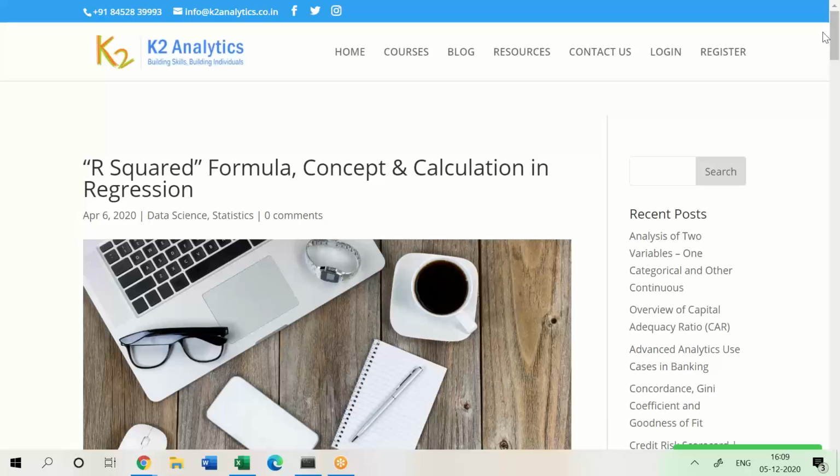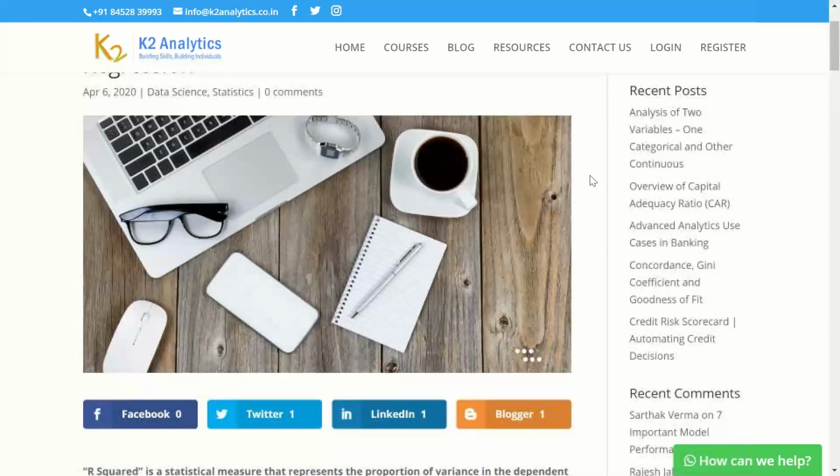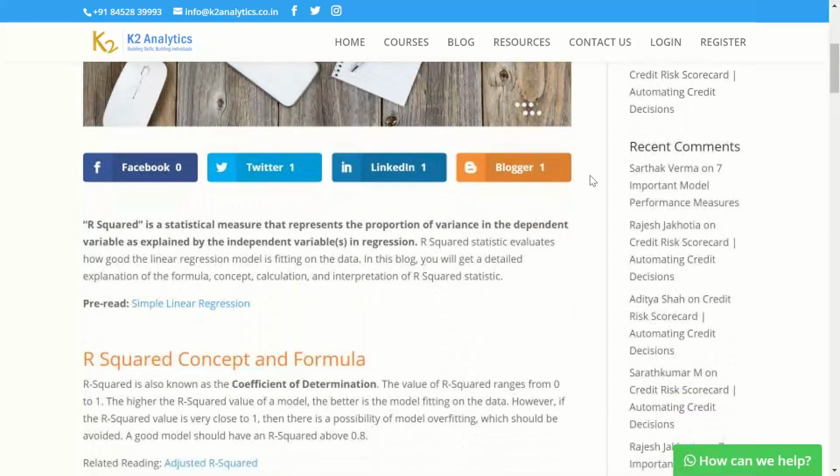You already know, in a linear regression, the regression equation predicts a value, and that value we compare with the actual value, and the difference between the predicted value and the actual value is called error.